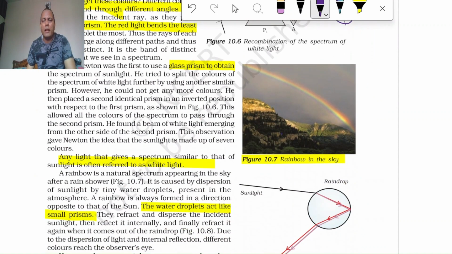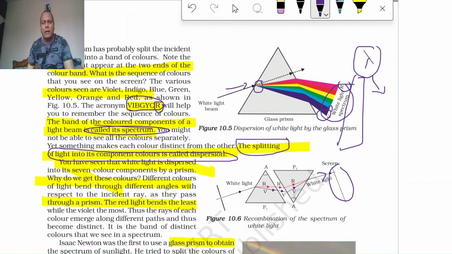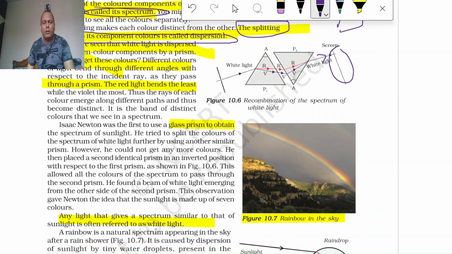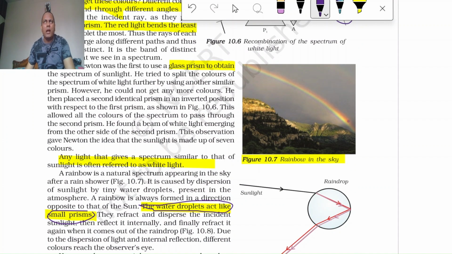Now coming to the rainbow scenario. In a rainbow the same thing happens. When light comes through the atmosphere, the water droplets act like small prisms and create the dispersion phenomenon. As I told you, you can't see a rainbow in normal weather; it may come during the rainy season.